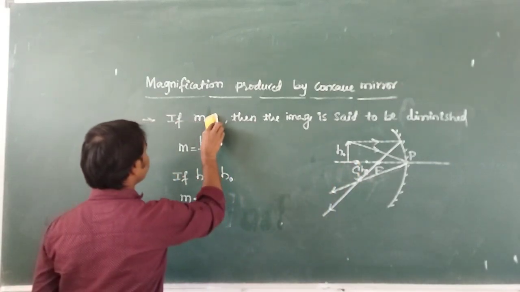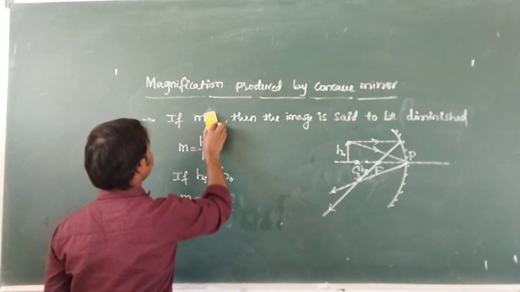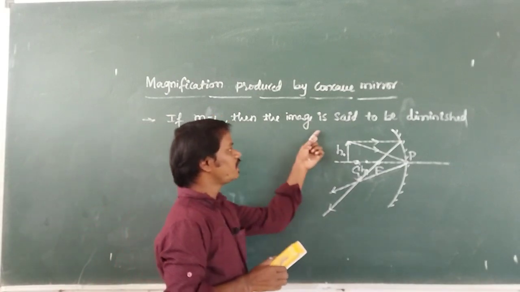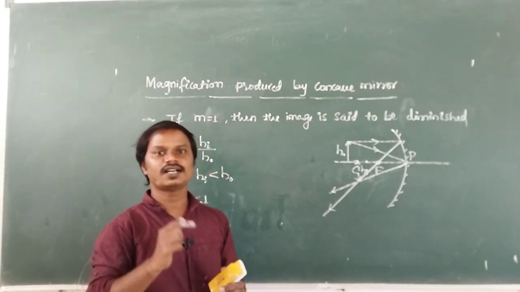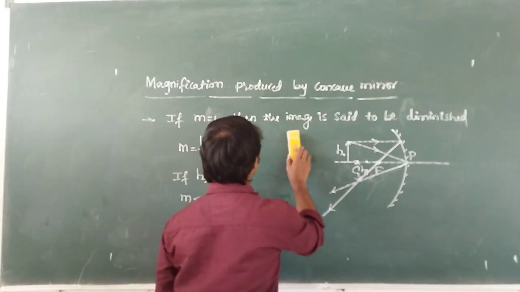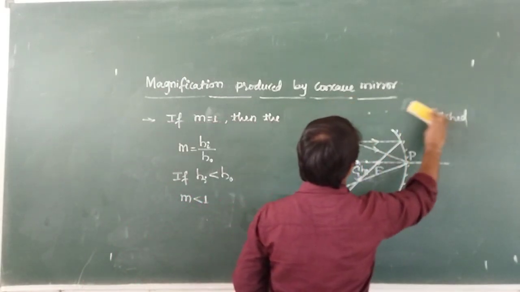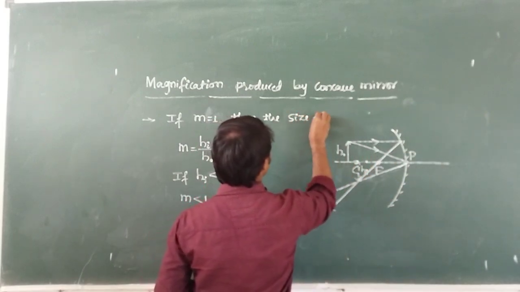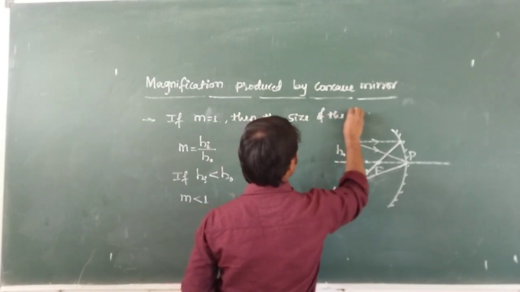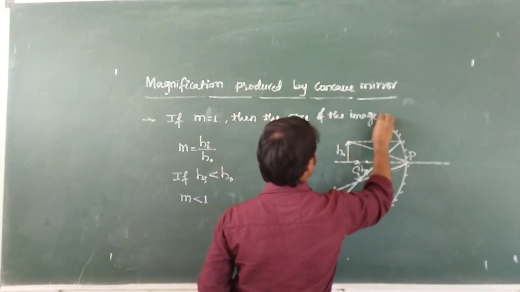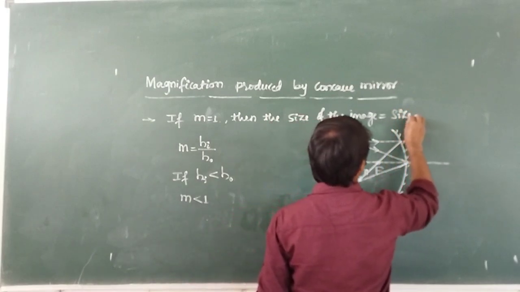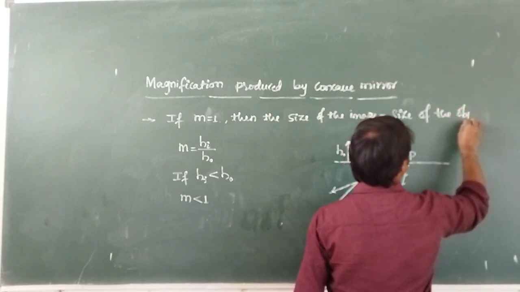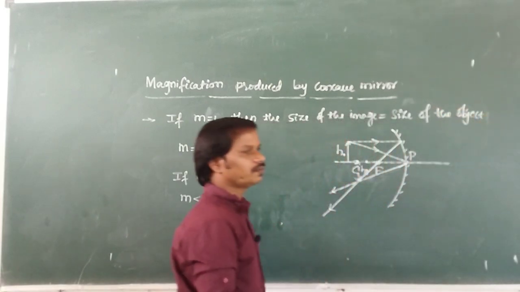Next, if m is equal to 1, then the size of the image is equal to the size of the object, meaning the height of the image is equal to the height of the object. Size here means height.